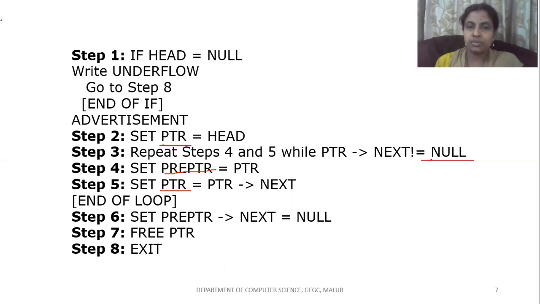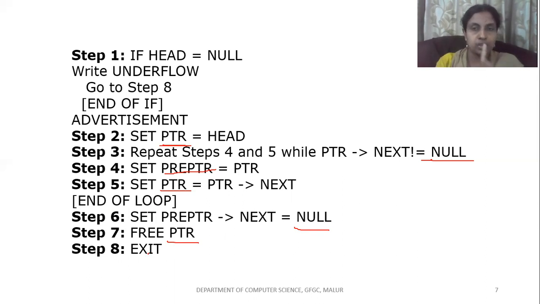When the condition becomes false, what you need to do is set PTR of next. From the beginning, our current node is taken as PTR and the previous node is taken as pre-PTR. So set the previous node address to null. Once the previous node address is null, you can free the next PTR node and exit. That's all. So this is how you will delete a node at the end.